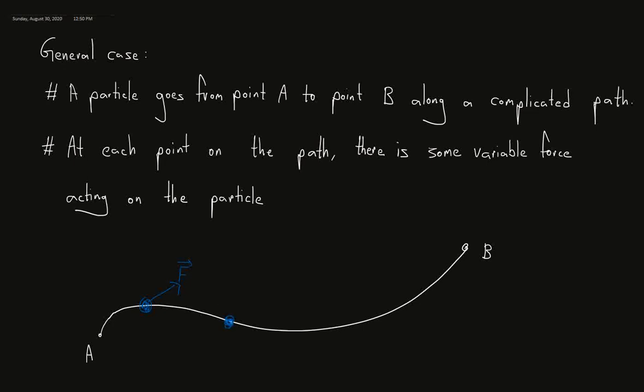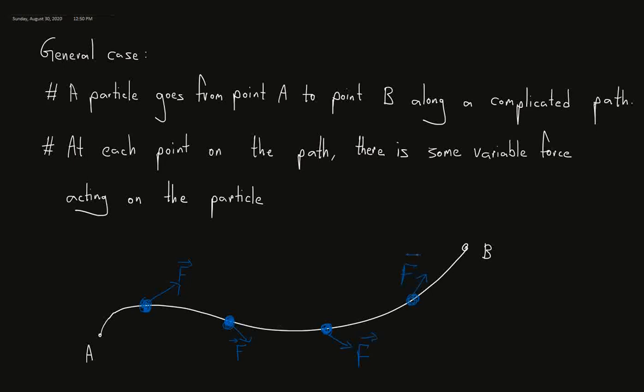But let's say going along this path from A to B, you know the force acting on the particle at each point. How would you find the work done by this force field? And now you see why it's called a field, because you have a different force vector at each point on the path. How would you find the work done due to this force field in going from point A to point B?